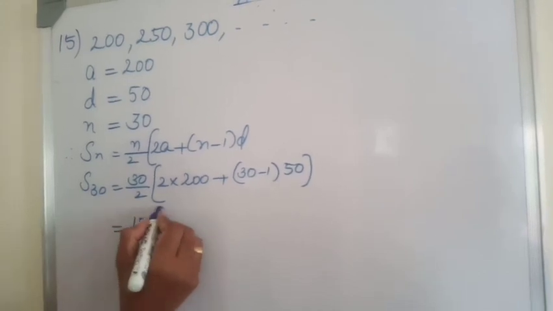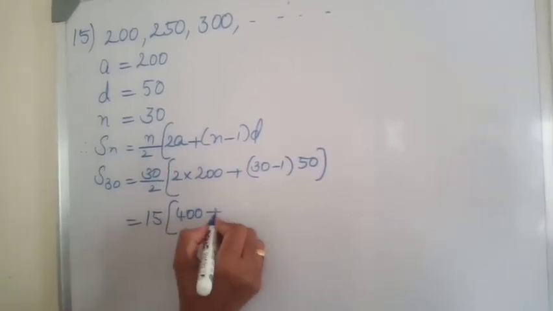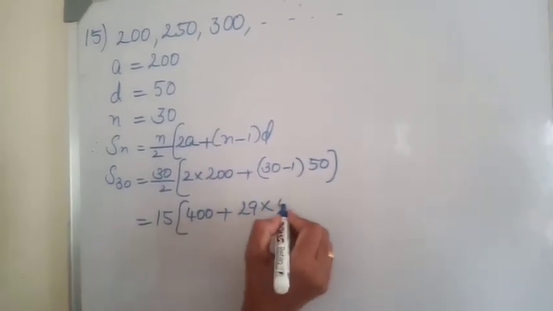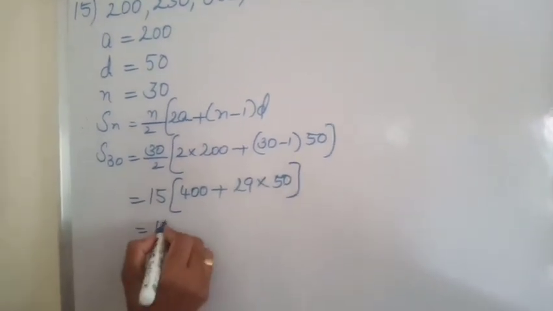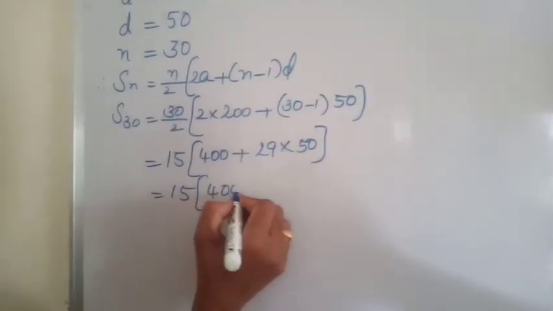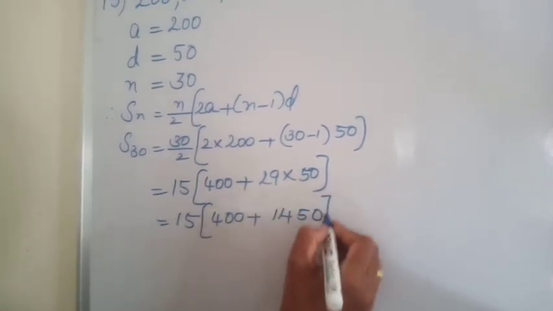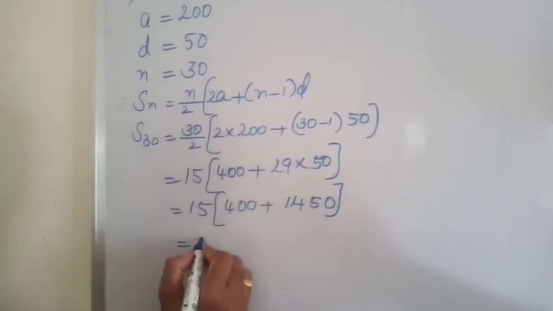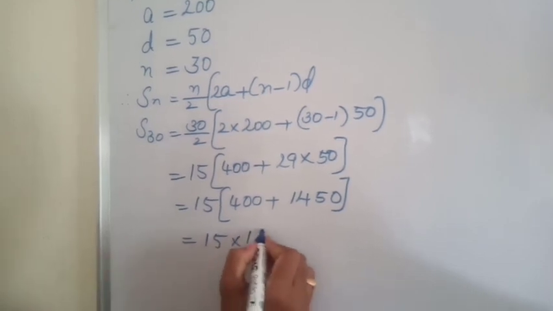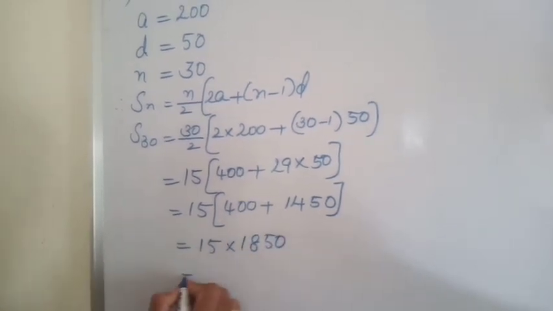Cancel. 15 into 400 plus 29 into 50 equals 15 into 400 plus 1450. That is 15 into 1850 equals.